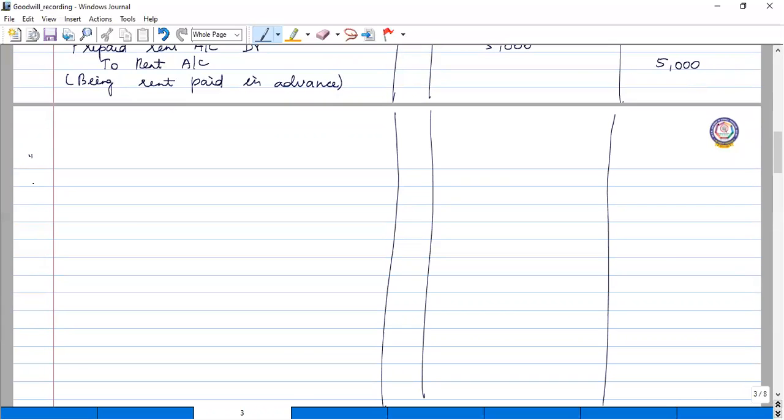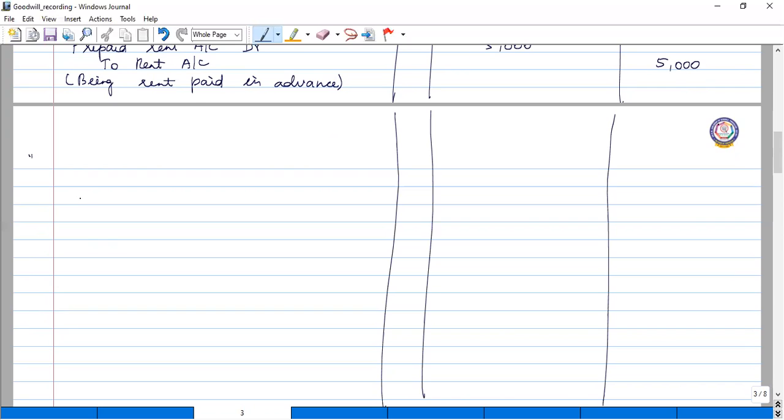Provide 10% depreciation on furniture costing rupees 1 lakh. So here we are supposed to provide depreciation for our furniture, the value of which is rupees 1 lakh. So 10% on 1 lakh, it is 10,000. Depreciation is a non-cash expense.